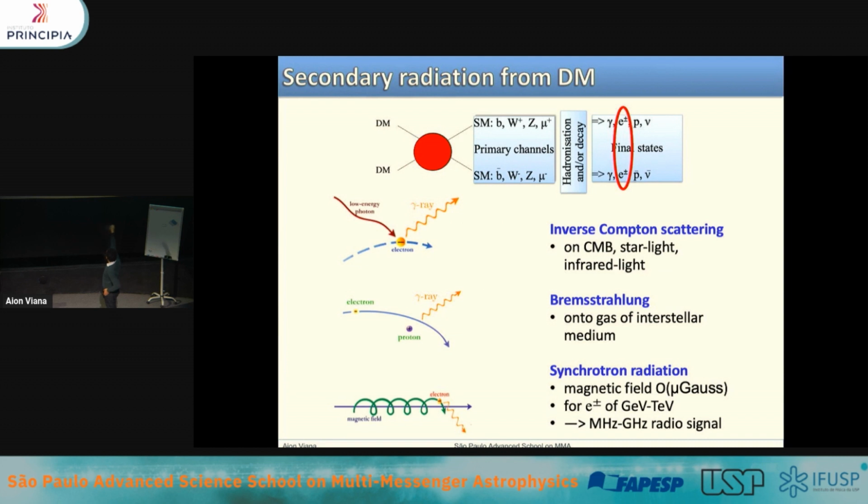I already mentioned inverse Compton scattering, but we can also have Bremsstrahlung if the annihilation happens in an environment with a lot of gas. And if the annihilation happens in a magnetic field region, you can also have synchrotron radiation emitted. So all these can contribute to the final flux of dark matter annihilation.